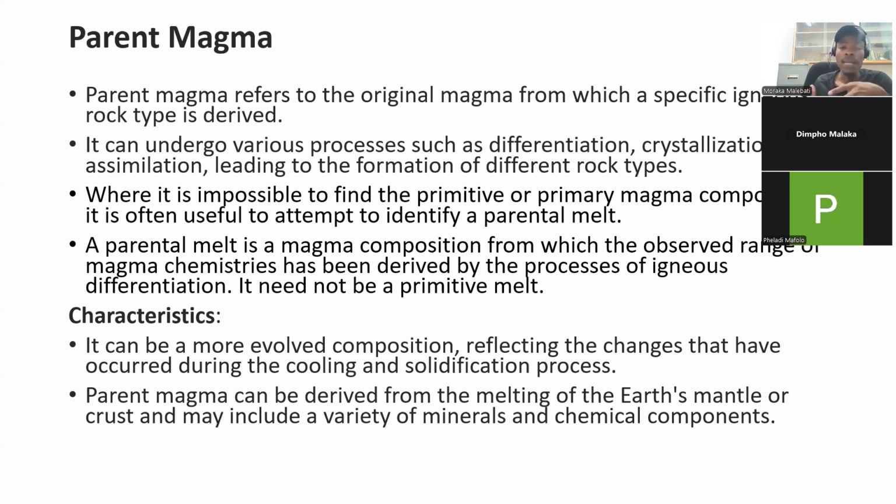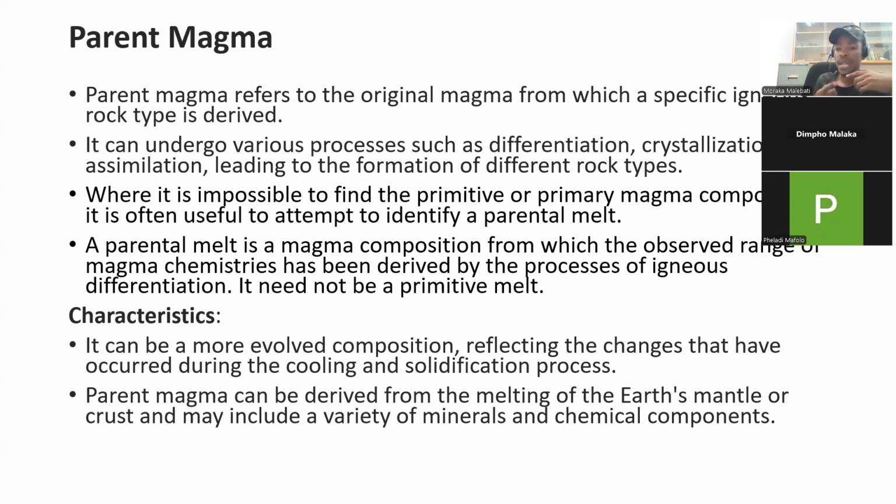But also, when the magma passes through the fractures, it can assimilate or incorporate material from the country rock. If it incorporates material from country rock during its ascent, the chemistry will change.